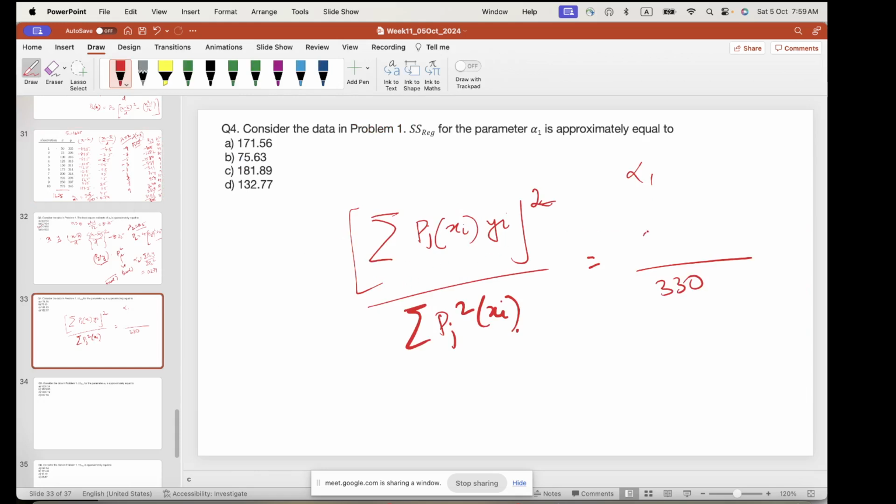So this would be 245 square by 330, and that is 245 into 245 divided by 330. So this one is 181.893, which is option C. Alright, moving on.